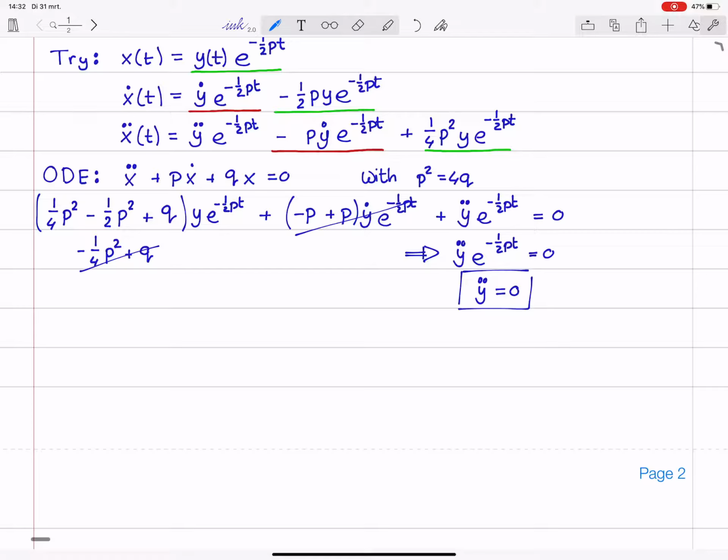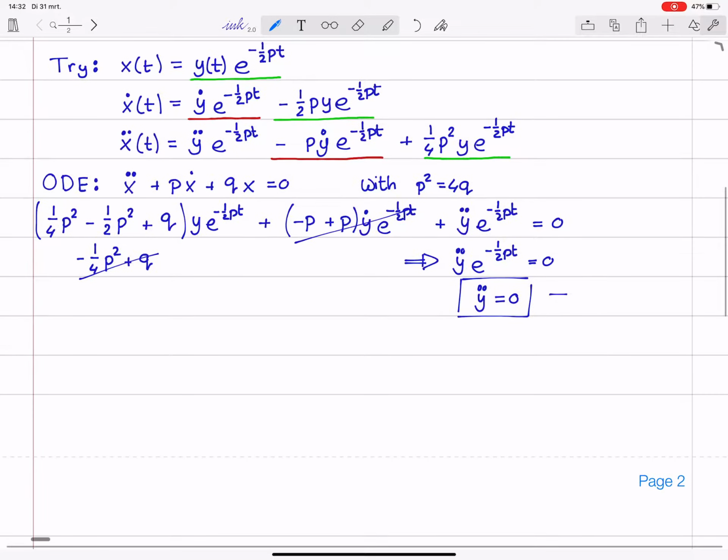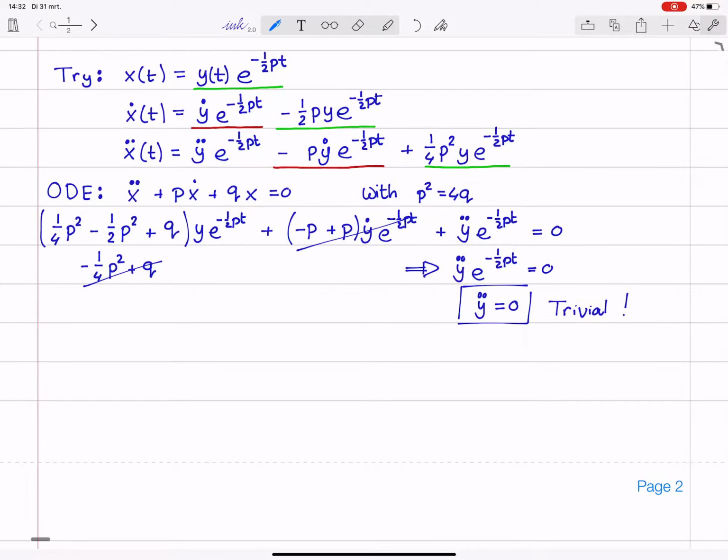Alright, this is a second order differential equation for y, and it is of the trivial kind. So, trivial. And the reason that it's trivial is that we can solve it simply by integrating twice. So we get as a solution for y, that y as a function of time is any linear function in time.